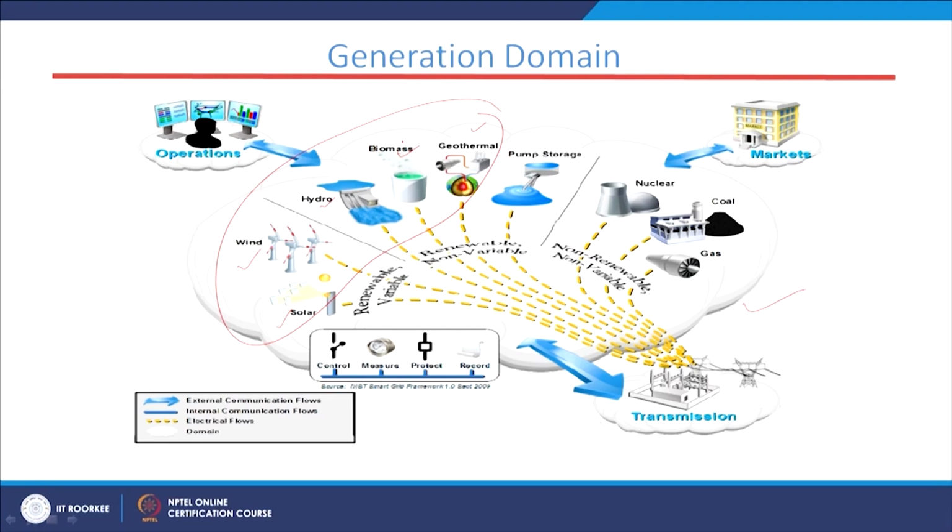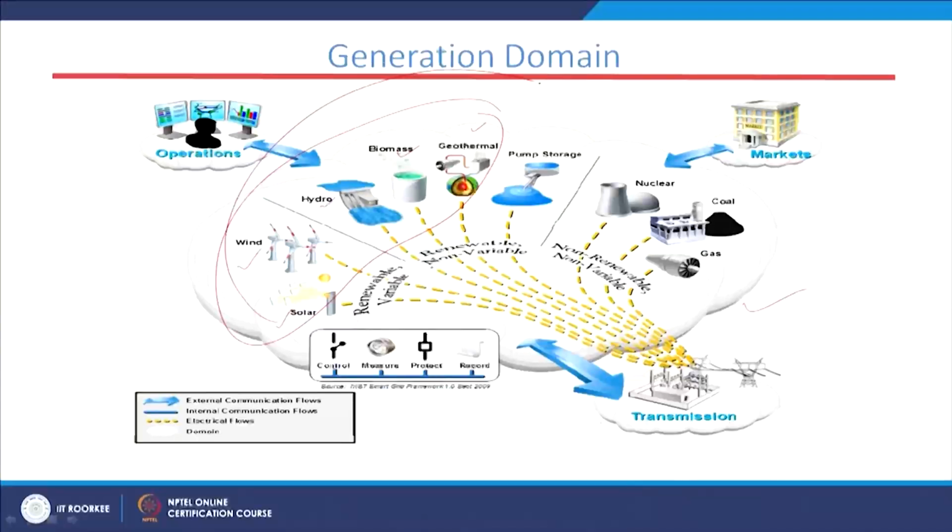Along with this, if it is a very sunny day and my load requirement is very less, where do we store the energy produced from the solar? We have to store it using pump storage. The pump storage is the storage part of the network, where we can store the energy and use it again when it is required. Also we have different storage parts in our system.